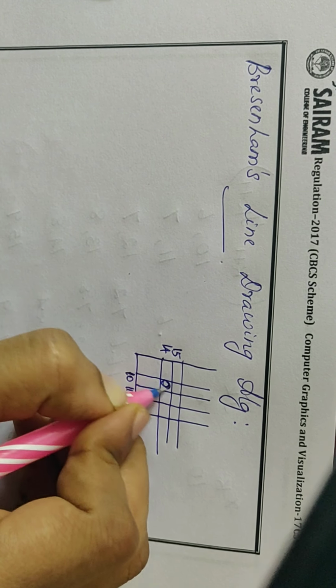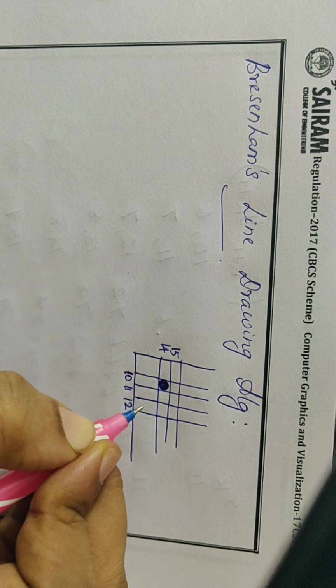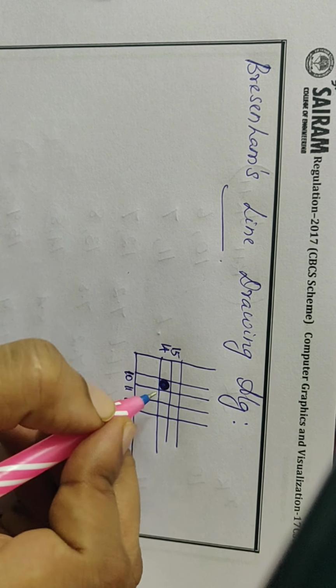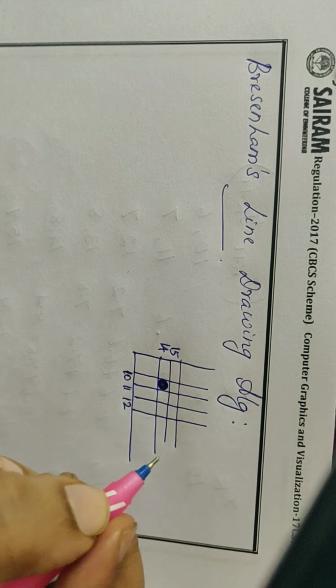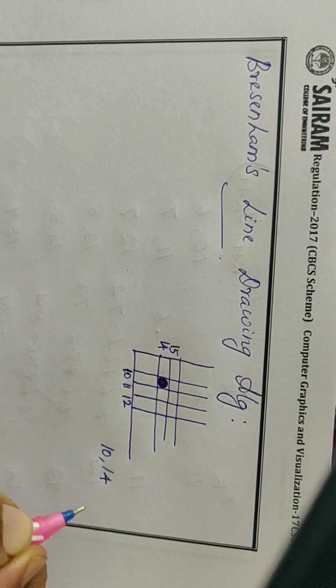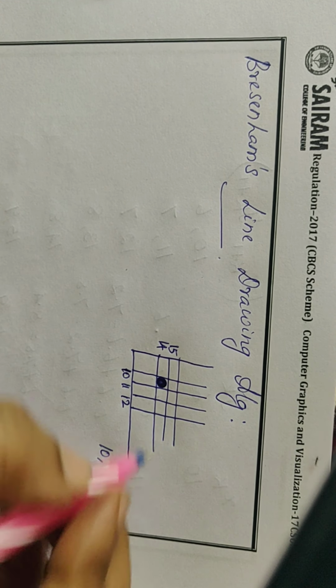Suppose this is my first pixel, that is, the starting point. To draw a line, I need the starting vertex. Suppose this is my starting vertex, right? What is the coordinate? 10, 14. 10, 14 is the starting coordinate.